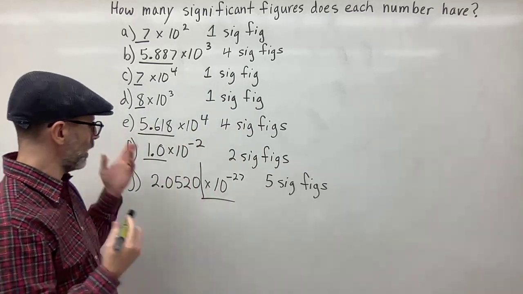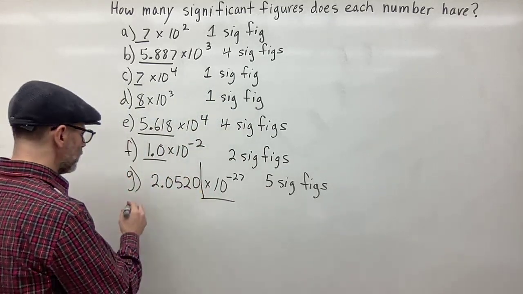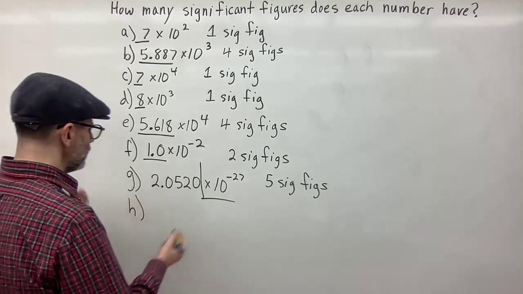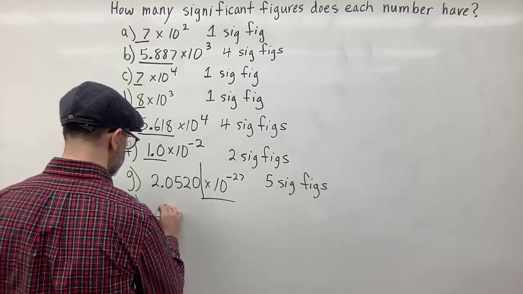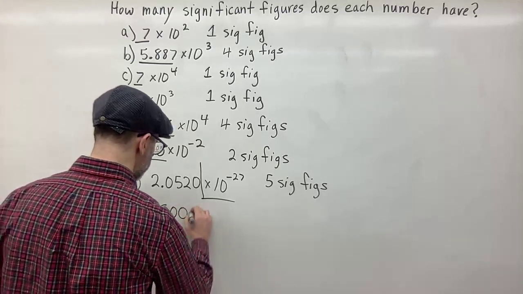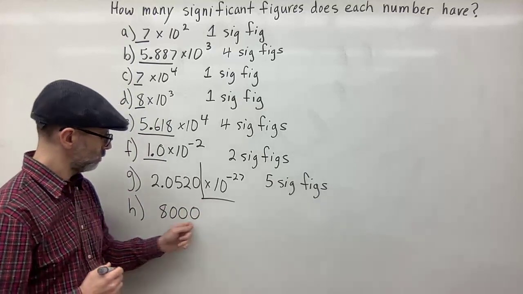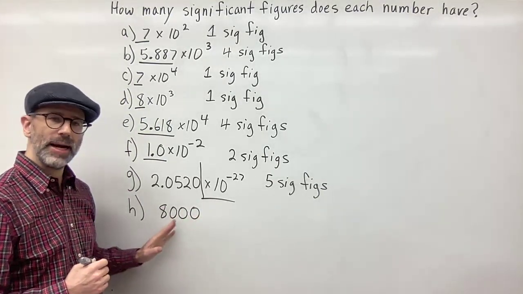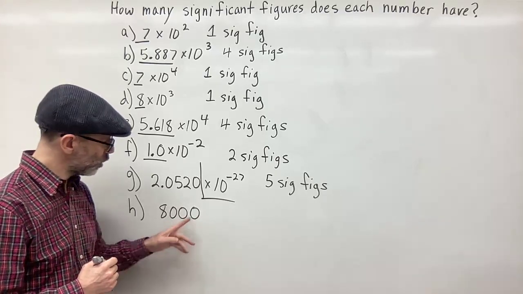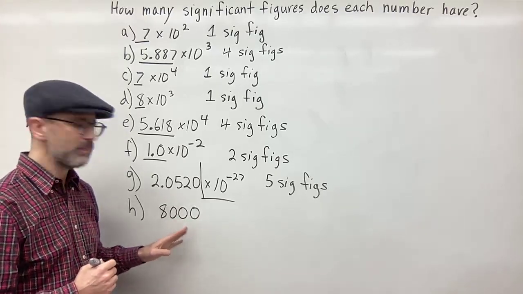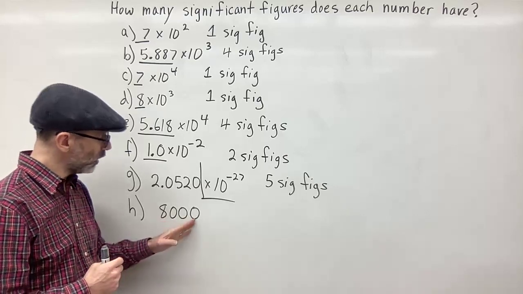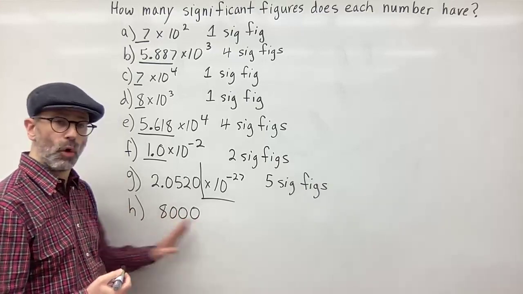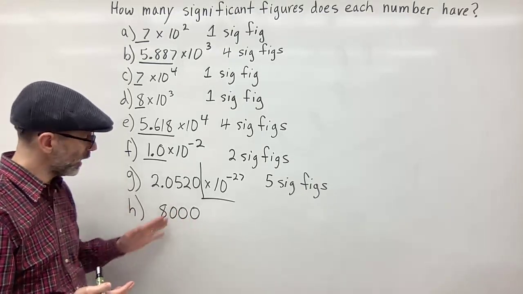Right? And let's do one more just so I can make clear the point that I'm trying to make. If I have H, let's say I'm comparing this to the number 8,000. I might have to figure out whether these zeros are significant or not. It may not be clear. Is this one sig fig, two sig figs, three, four? How many sig figs are here?